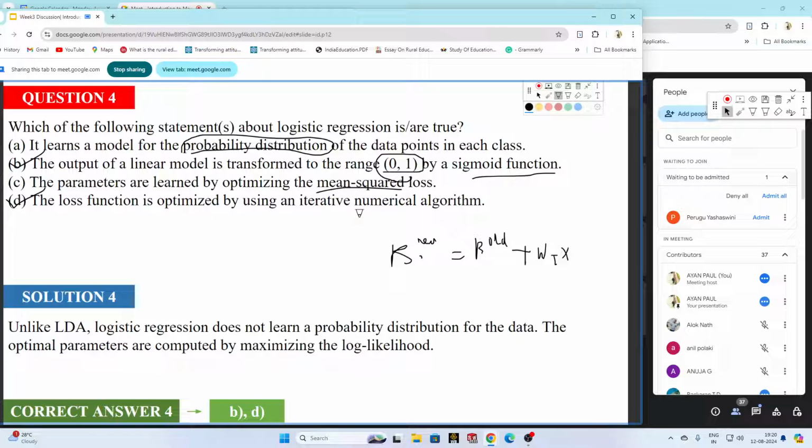We compute the parameter by maximum log likelihood, as already discussed in my theory part. That is arg max with respect to theta or beta, whatever you call it, of the log likelihood, ln L. So your correct answer will be options B and D.